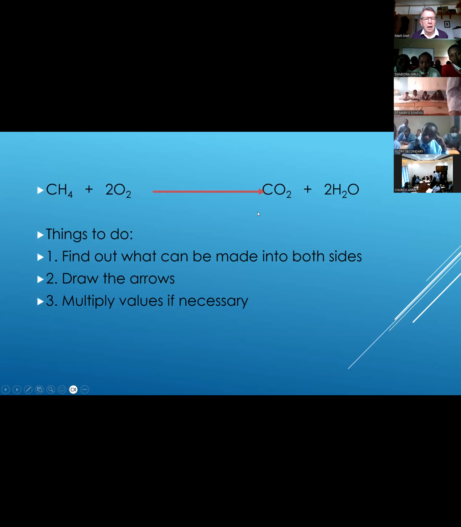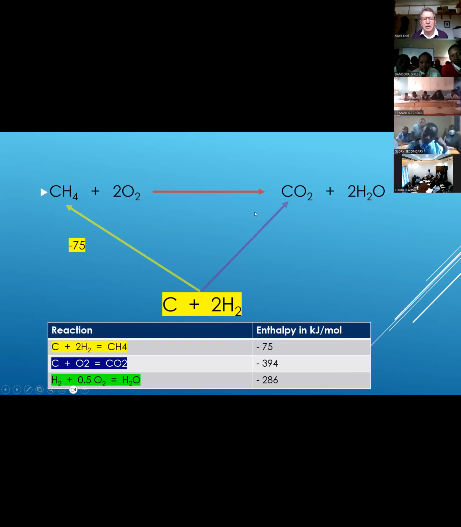We said the way to do it is to construct a diagram that includes the left-hand chemicals and the right-hand chemicals. This one finds the energy given out when methane burns in oxygen to form carbon dioxide and water. That energy is the same as going from methane down to carbon and hydrogen and up to carbon dioxide and water. Why carbon and hydrogen?